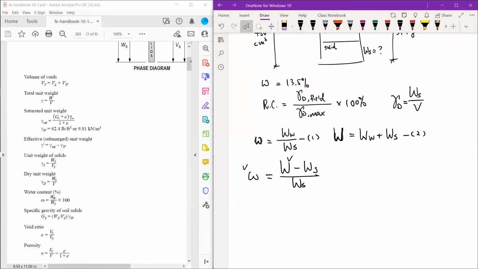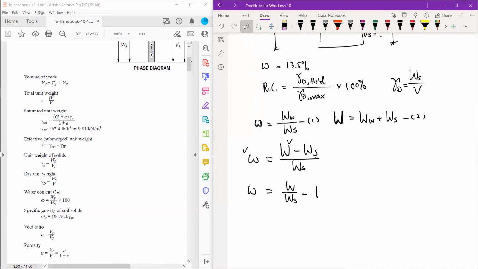So we reorganize these equations and do some simple algebra here. We try to isolate the unknown, the capital W, the weight of the solid.